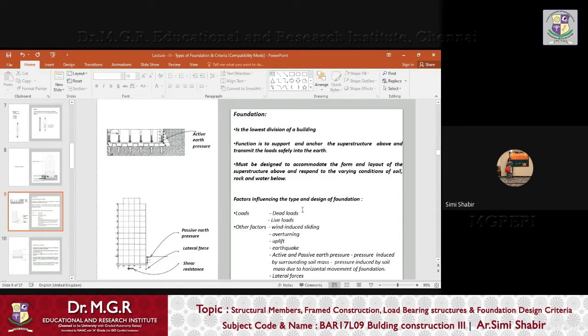The factors that influence the type and design of foundation: number one is the load, dead load and the live load.